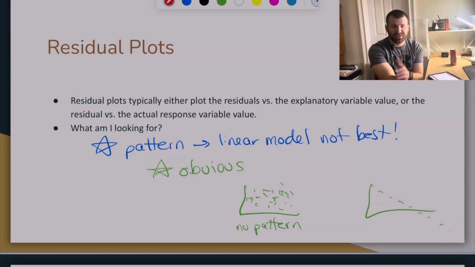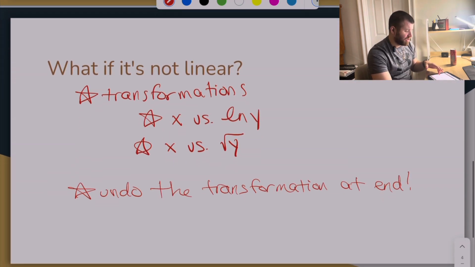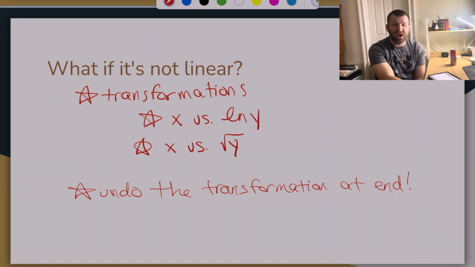I'm still going to look at the residual plot they give me and look for a pattern. And then if it is appropriate and they ask me to make a prediction, I just have to remember to undo it. So if I took the natural log of the y values, I have to remember now it's e to the power of whatever that prediction is. If I took the square root of the y values, it's now that value squared. That's all. So remember to undo whatever transformation they did.